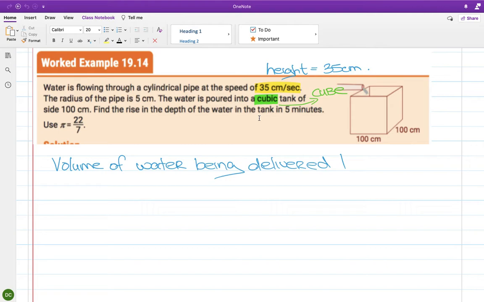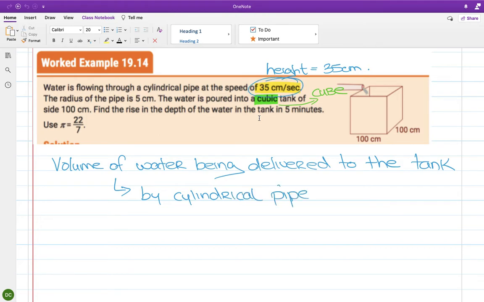It's been delivered there by the cylindrical pipe. Okay, so what we're going to do is we're going to work out the volume of water in the pipe in 1 second. Okay, that's why we take the height to be 35 centimeters, because that's how much water is in there in 1 second. And then we'll figure out the time after that.